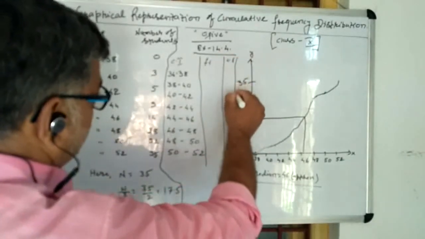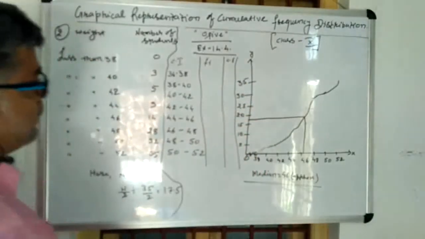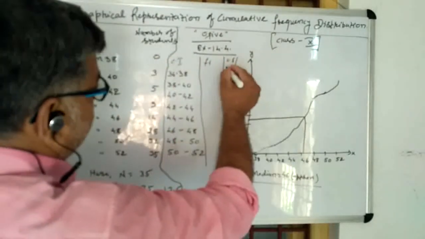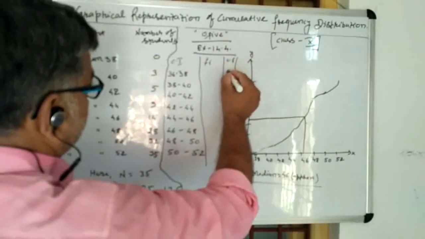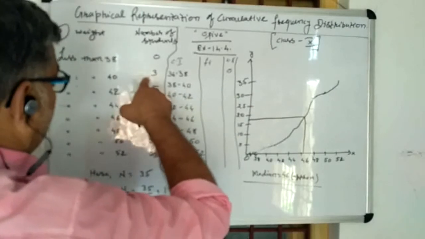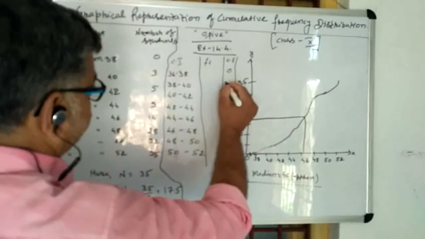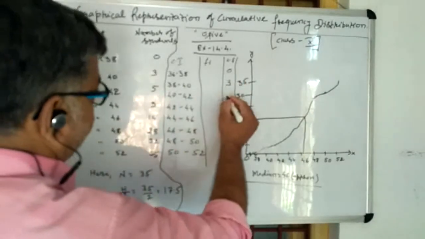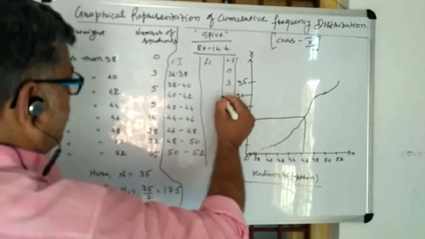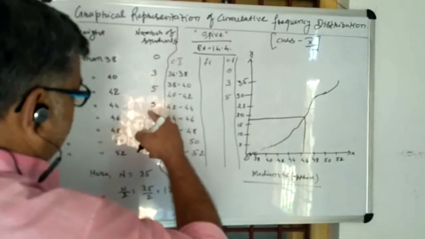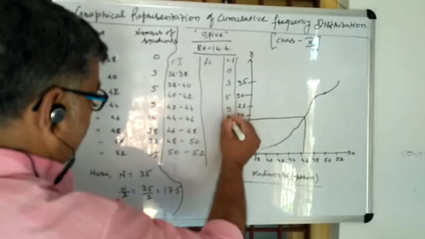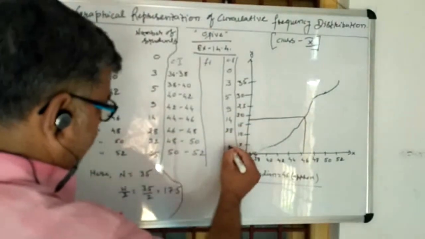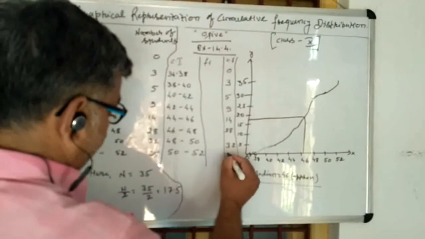Cumulative frequency is what? Which is given: 0 to 38 is 0, and now it is 3, 5, 9, 14, 28, 32, 35.